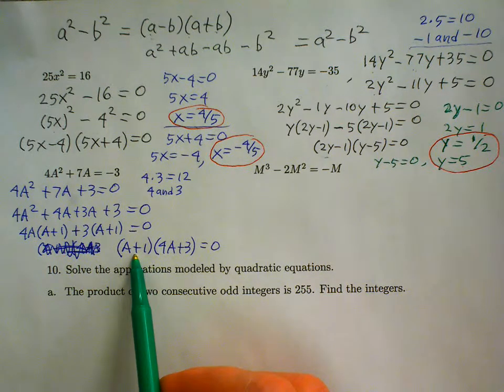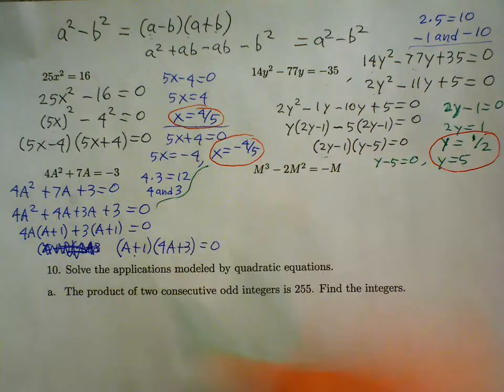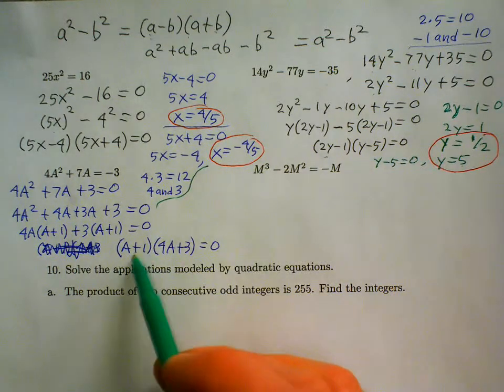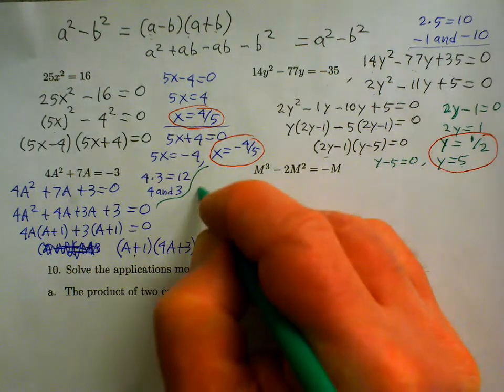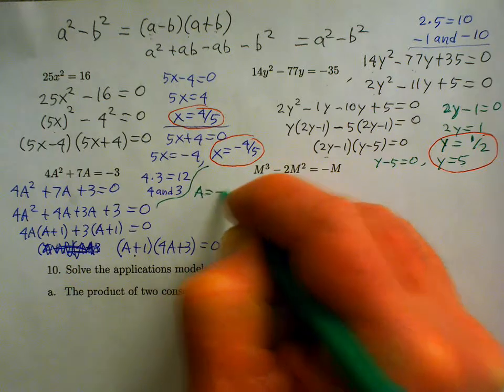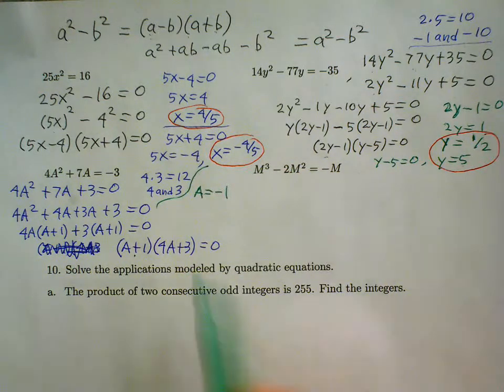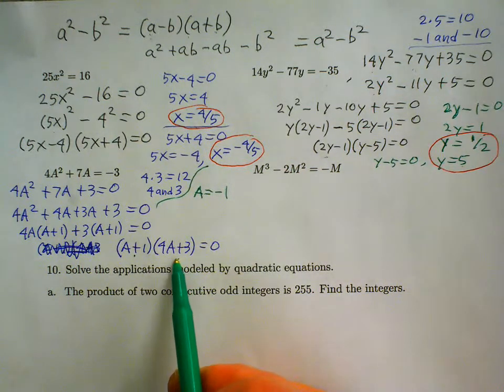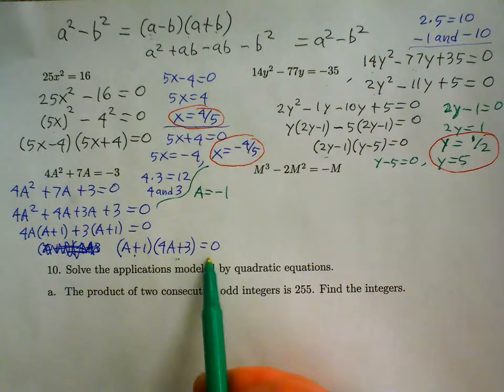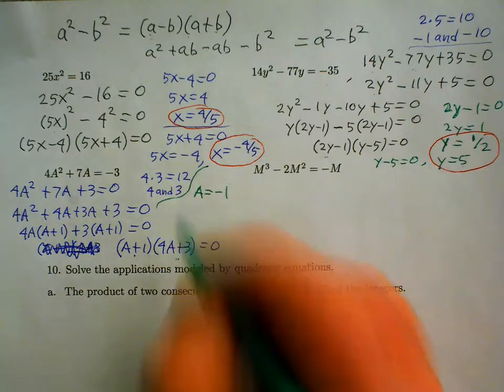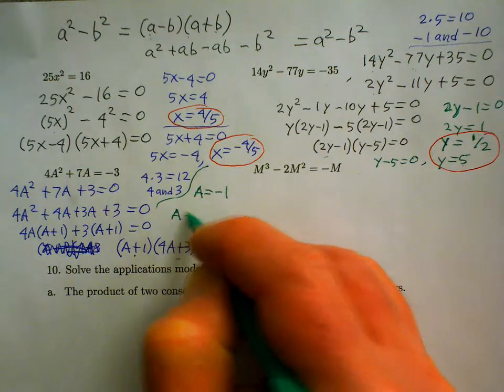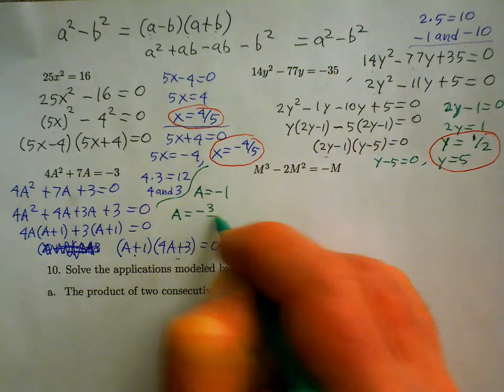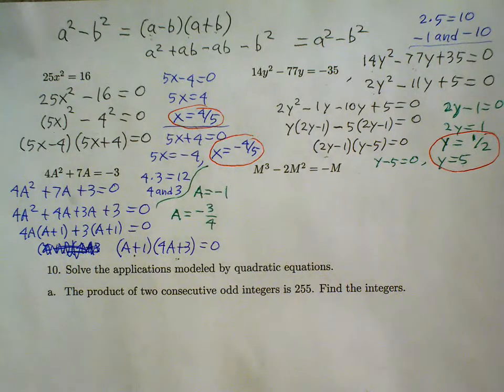When we set a plus 1 equal to 0, since I'm running out of space, we subtract 1, we get a equals -1 for one of the solutions. Then when we set 4a plus 3 equal to 0, we subtract 3 and then divide by 4, and we get a equals -3/4 for the second solution.